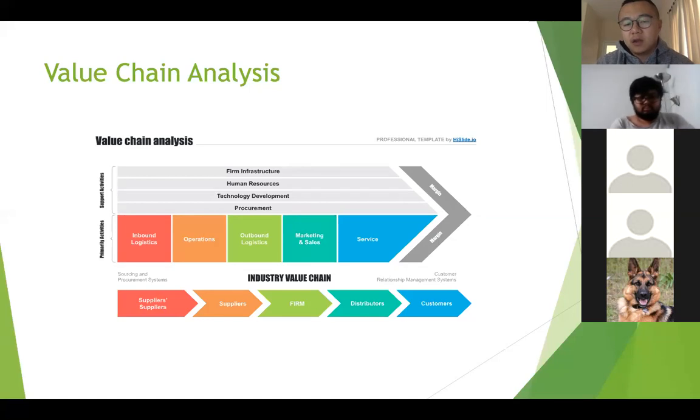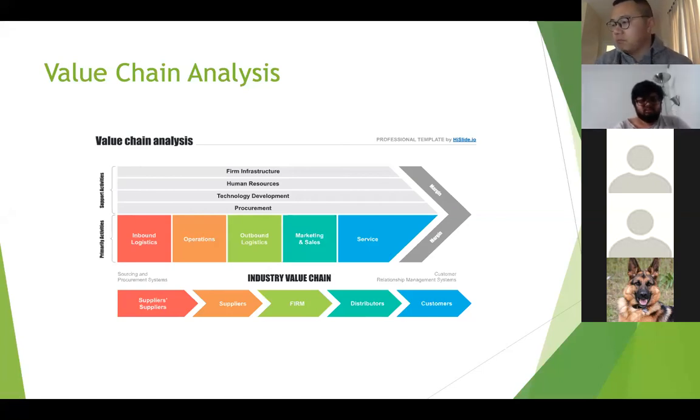So you cannot use it to do the company level value chain analysis. In class, we emphasize the company level value chain analysis, which is here. You need to know the difference between the industry level and the company level value chain.